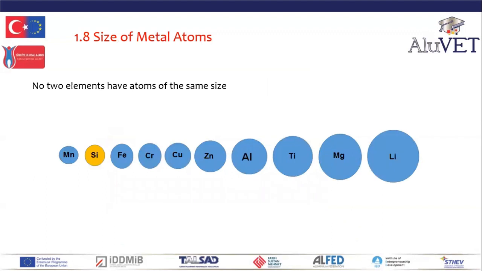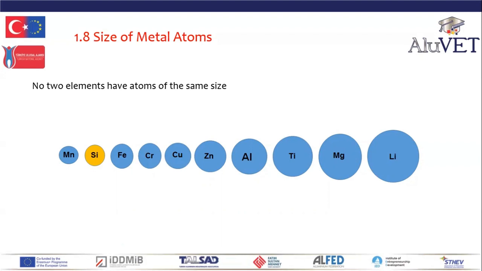And this is a schematic. In the middle, we have our wee aluminium atom. On the right-hand side, you've got lithium, a much lighter metal, lower atomic number than aluminium. And on the left-hand side, you have manganese, a much heavier metal, a higher atomic number.